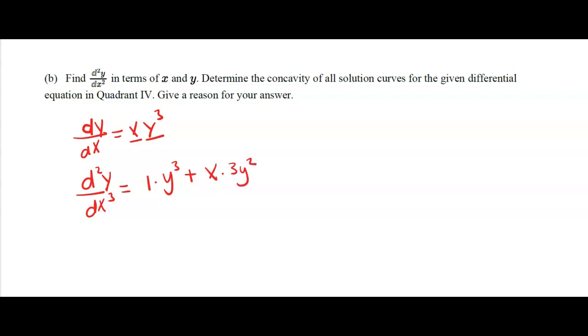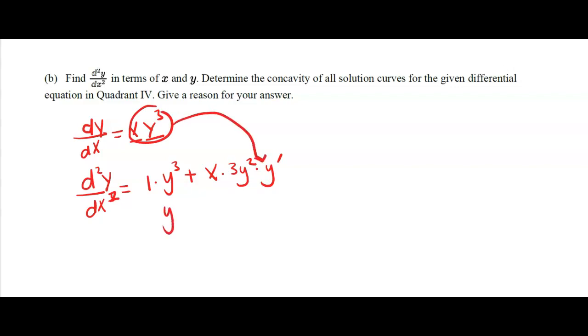Now, you have to remember we're doing implicit differentiation here, so we do get a y prime. Now, this is something that's not so obvious, but you got to remember this whenever it comes to doing second derivatives with implicit functions. When you do a second derivative with an implicit function, you're going to get a y prime, and what you're going to do is you're going to go back to what the original derivative was, and that's what you're going to plug in right there.